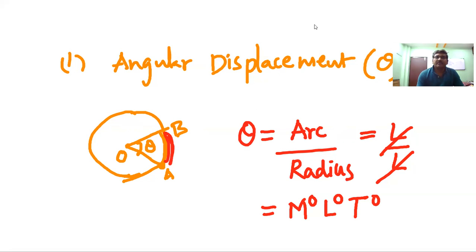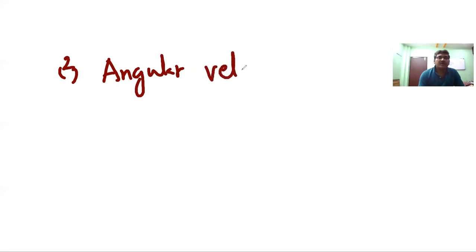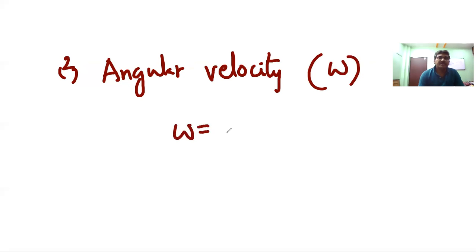So let us see the second one. Here I take up angular velocity. We denote it as omega. Omega is defined as, what is the linear velocity? Linear velocity is linear displacement by the time.